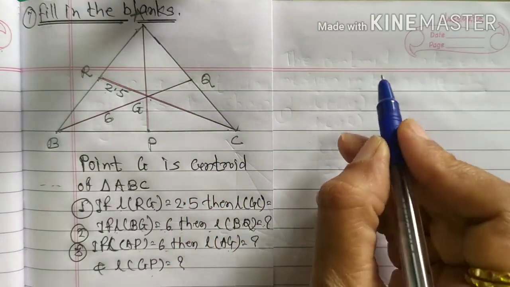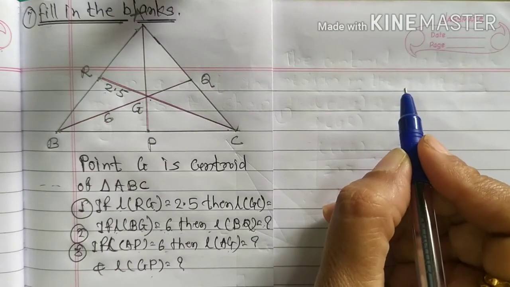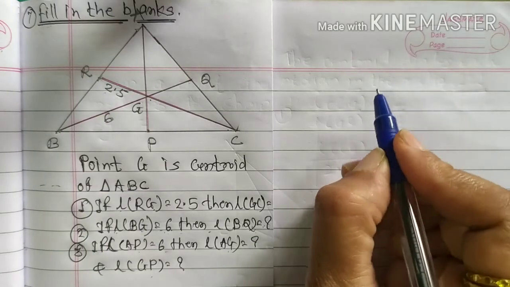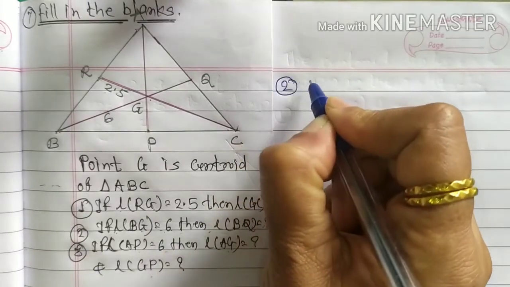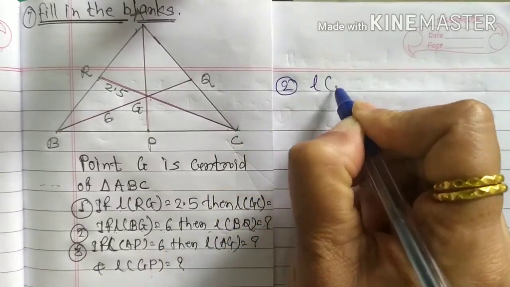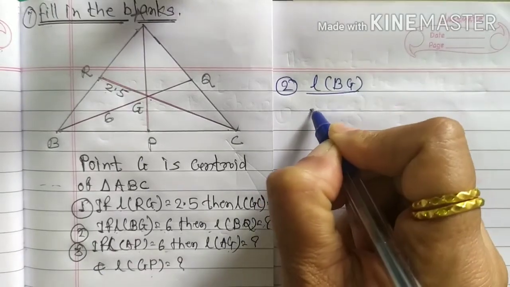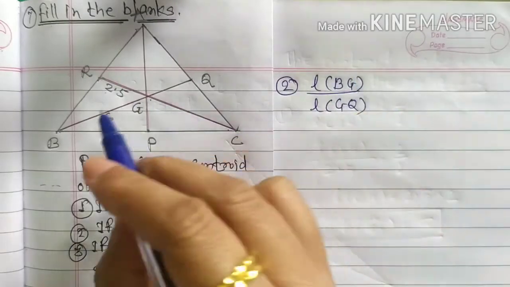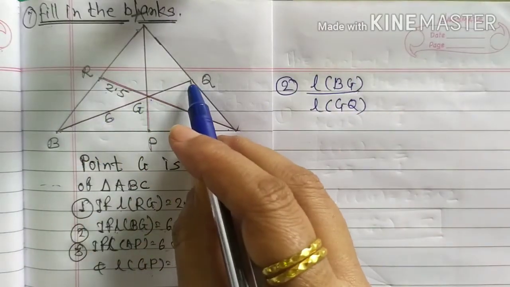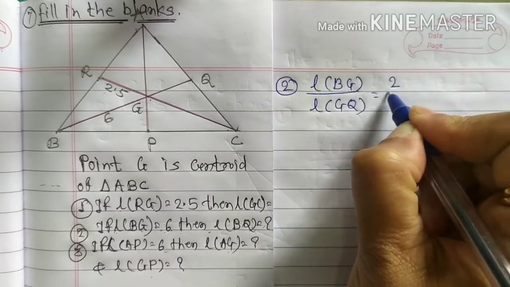Hence, again we are using the property of the centroid, the ratio 2:1. In the second example, we can write length BG divided by length GQ is equal to 2:1.